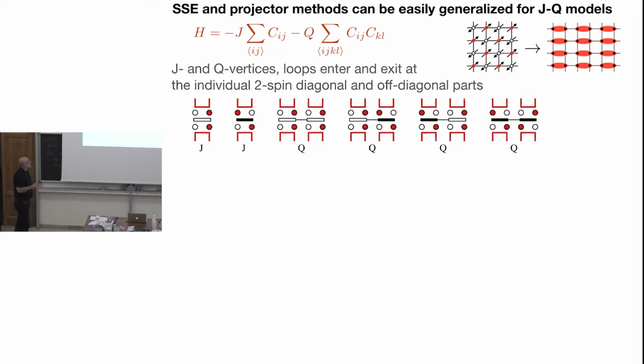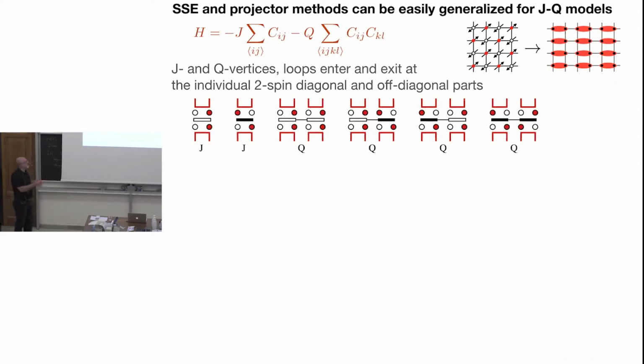And we can demonstrate, or at least investigate, the nature of that phase transition with these models. So if we take this model, which has two singlet projectors and the J interaction, we have these J vertices that I talked to you about before. We have the diagonal and off-diagonal vertices. Now for the Q terms, where we have basically two of these singlet projectors multiplied by each other, if we think of their diagonal and off-diagonal parts, there's a part of it which is completely diagonal, like here, but one of them can be diagonal and one off-diagonal, and both of them can be off-diagonal.